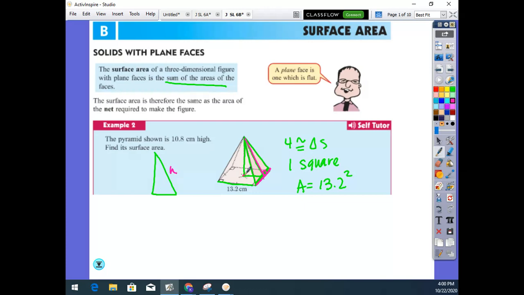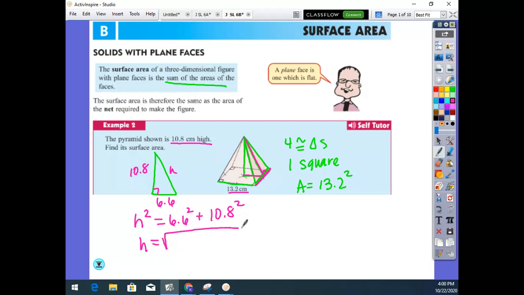So from here to here, that's half of this distance, which is 6.6. They tell me the pyramid is 10.8 centimeters high. I now have a right triangle, so I'm going to use my Pythagorean theorem. My hypotenuse squared equals 6.6 squared plus 10.8 squared. So then my height, I'm just going to square root both sides.